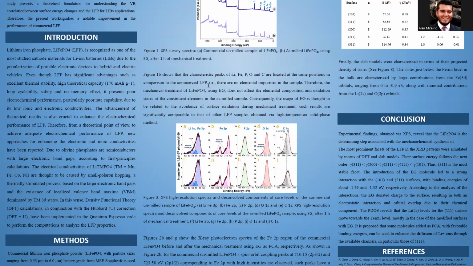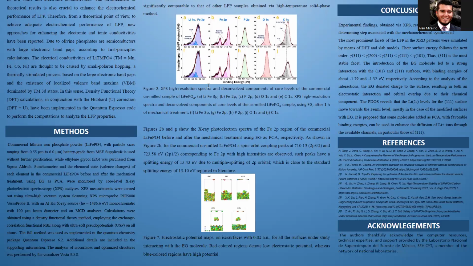In this case, it was possible to use the mechanical treatment with ethylene glycol as process control agent, monitored by means of core level X-ray photoelectron spectroscopy. But also, it was possible to obtain slab models by means of density functional theory, assuming the exchange correlation functional PBE along with ultra-soft pseudopotentials on all of the atoms.